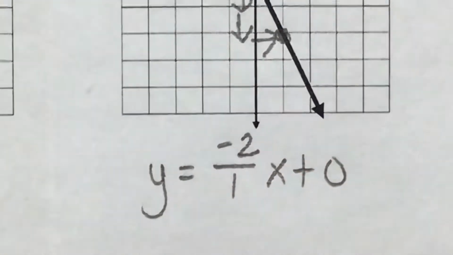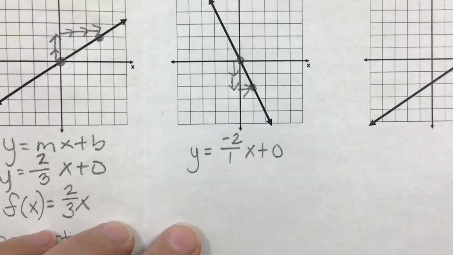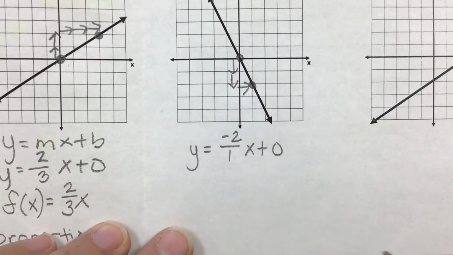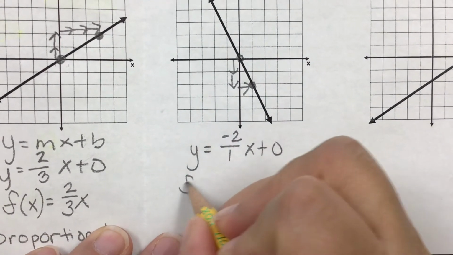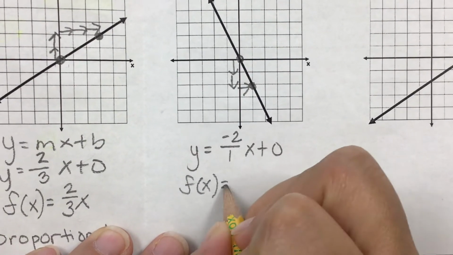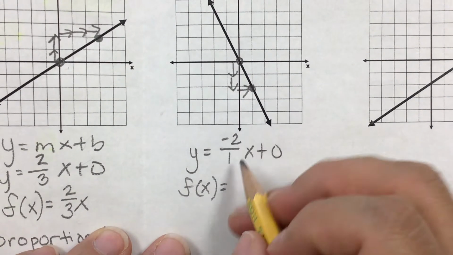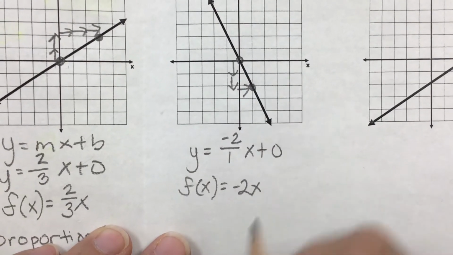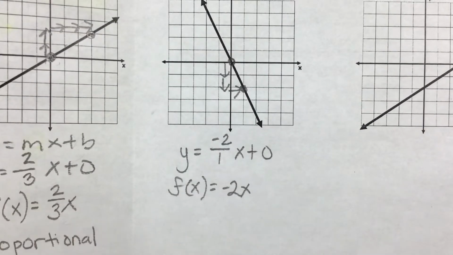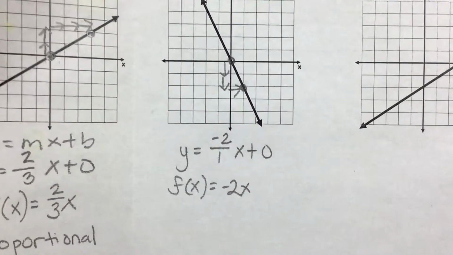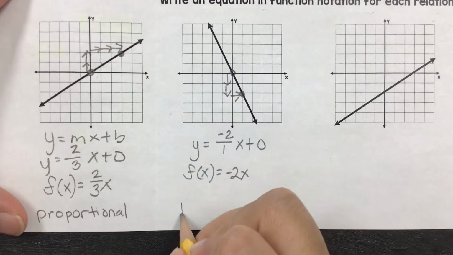And it's still y equals. Function notation means that you have to make a fancy f of x. This simplifies to a negative 2x. And we don't need to write the plus 0, making this function proportional.